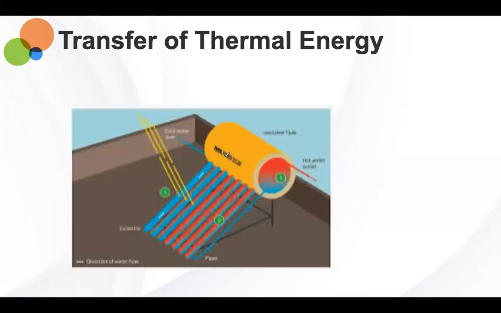So essentially, as we said, the sun comes in contact with our collectors. We call these collectors. And the heated water, this is our tank, always goes to the top. Remember that hot water is less dense.